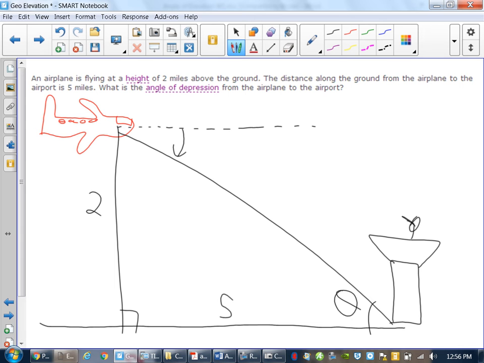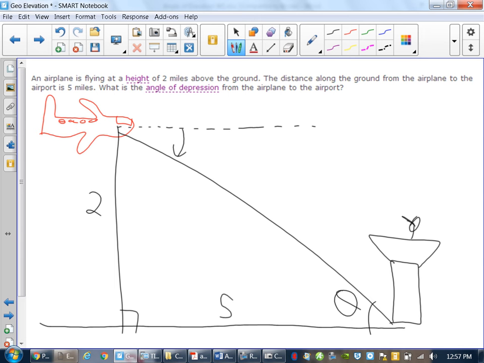So remember, when you draw these, line of sight down is the same thing as line of sight up. You flip it. So in this case, 2 becomes my opposite, 5 is my adjacent. What trig value is that going to be? Tangent.